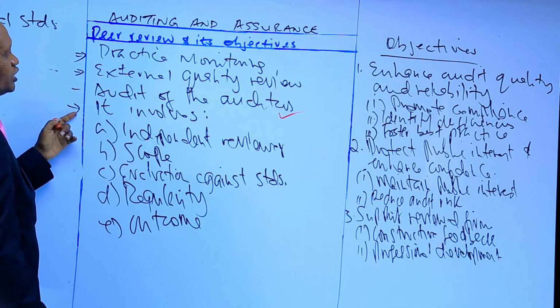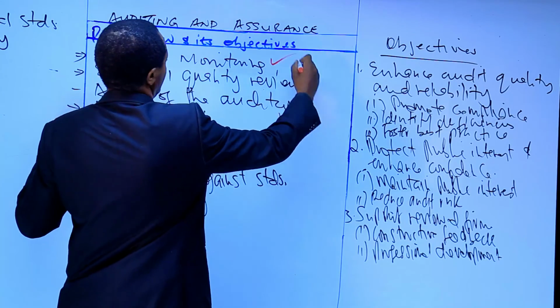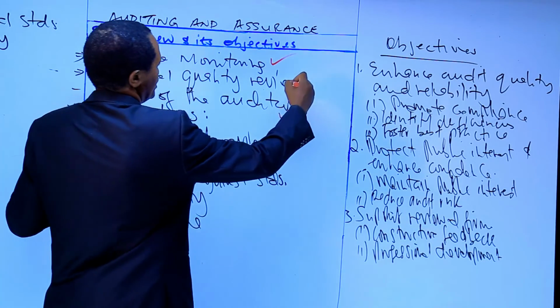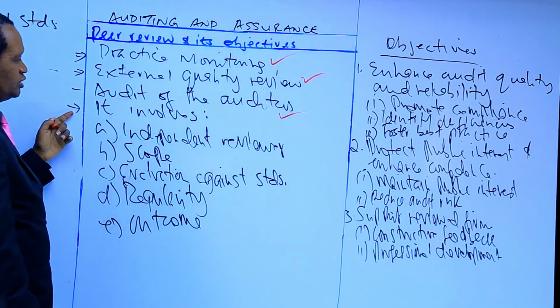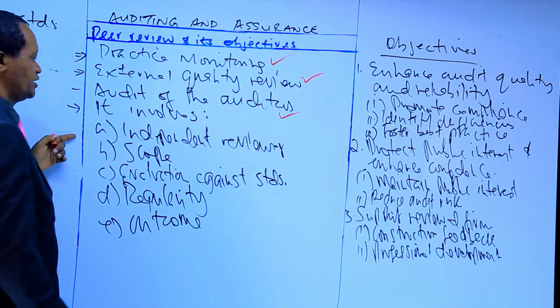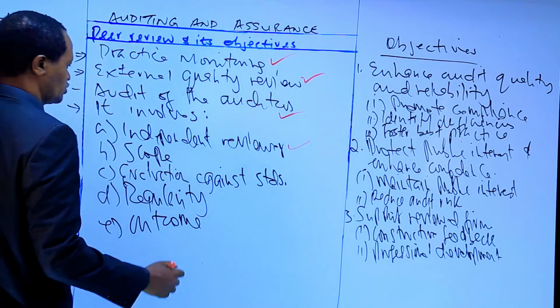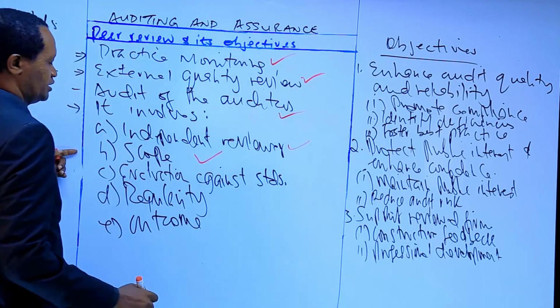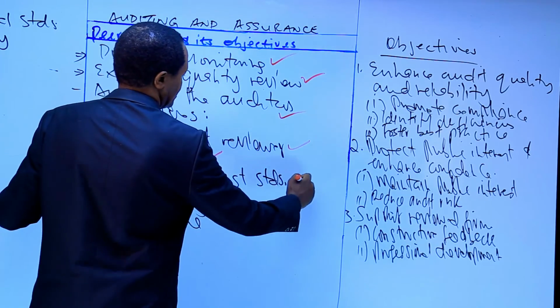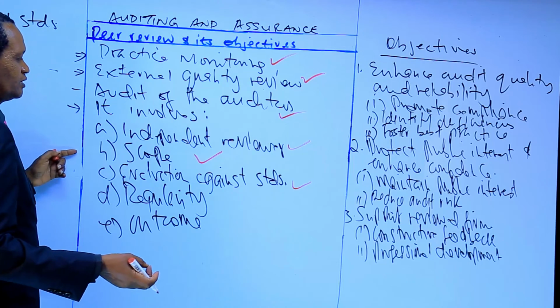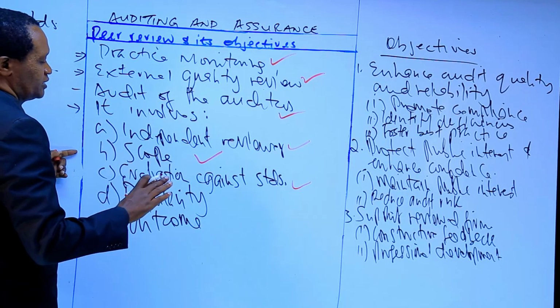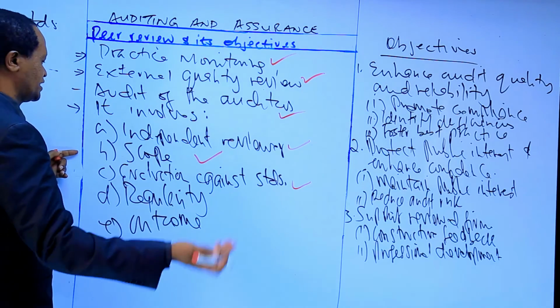We've said that peer review can also be referred to as practice monitoring or external quality review, and it involves an independent reviewer. There is also the scope and evaluation against standards. The firm's performance is evaluated against standards.